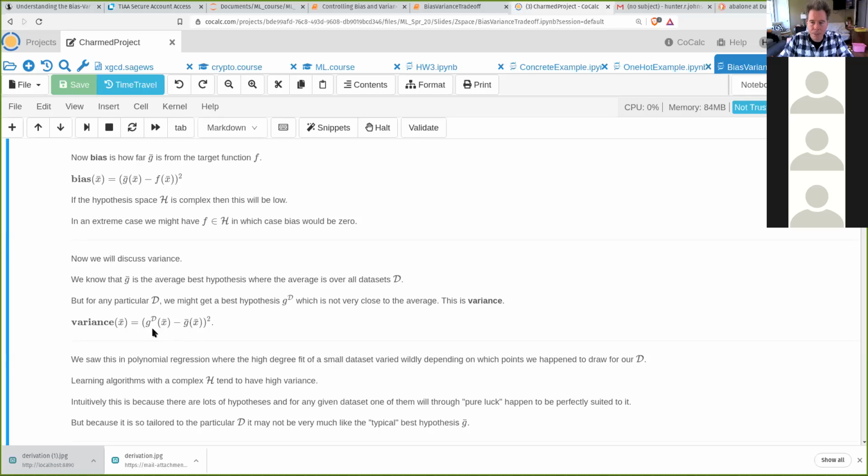So when we did the polynomial regression with the high degree polynomials, it might be that we had quadratic data. We had these high degree polynomials and they were all over the place. If we averaged all those crazy ones, what we would actually get is something that looks like a quadratic, because the data really is quadratic.